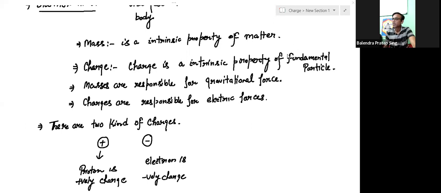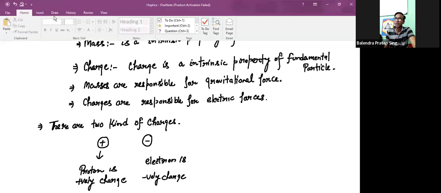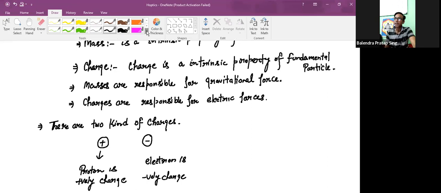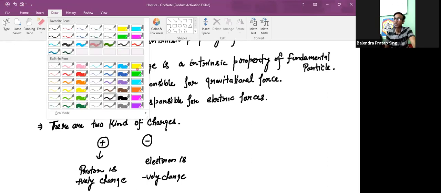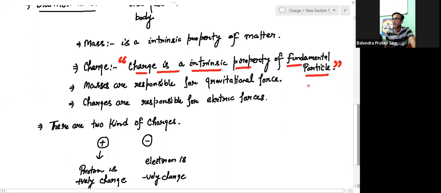Let me highlight this point. This can be a 1 mark question: what is charge? Define charge. So you will write: charge is an intrinsic property of fundamental particle.